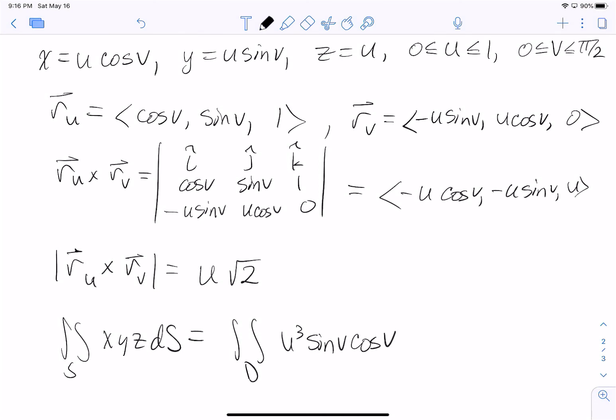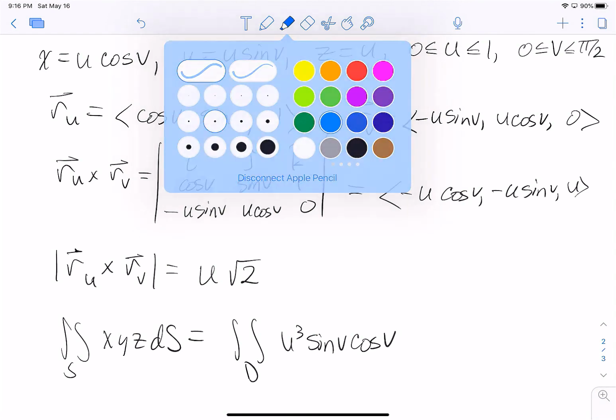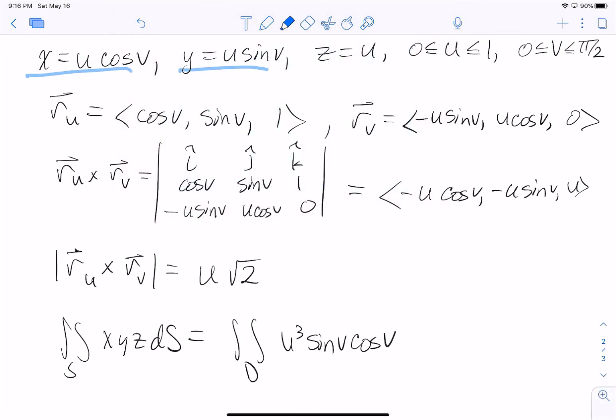Now all of that comes from x times y times z, from the definition that we have parameterizing in terms of u and v. dS is our u times the square root of 2 dA, and it's left for us to determine, given what D is, how we're going to deal with dA.